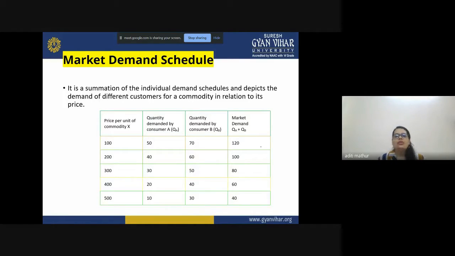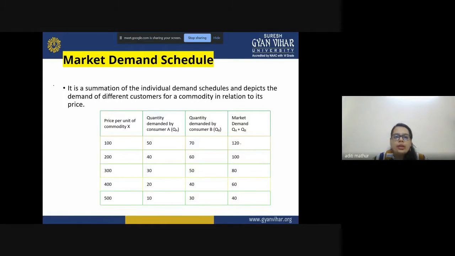So let us assume that in our market we have only two customers, customer A and customer B. When we draft the schedule having a relationship of the demand of A with different price levels and the demand of B at the same price levels, and when we add those two demands, we say it is the market demand.